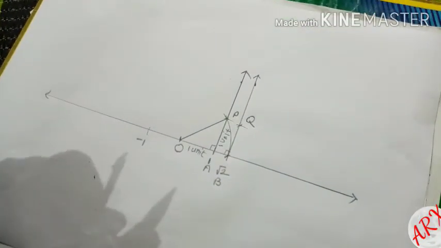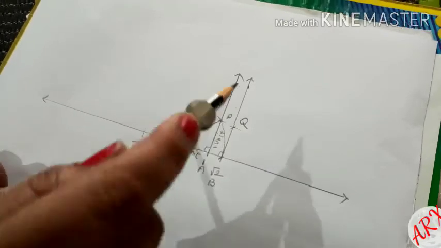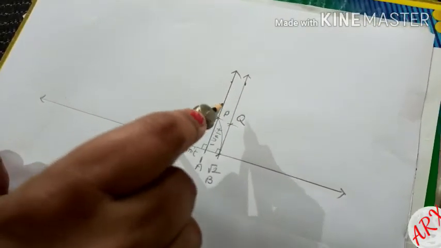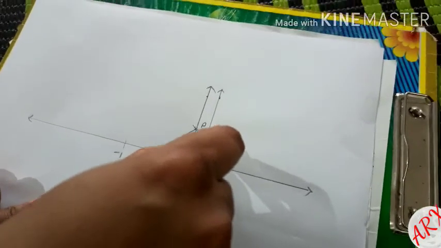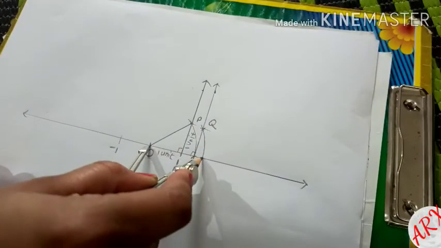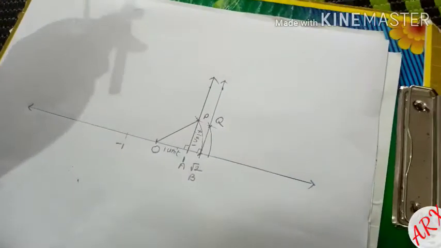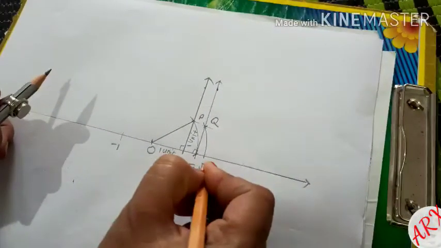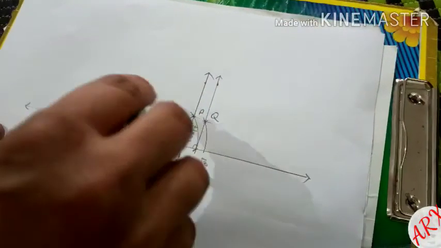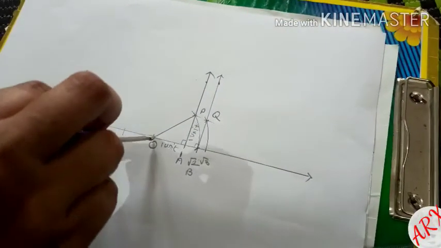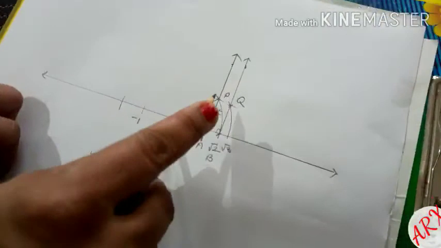Now I have to take OQ in the compass. And when I pull it towards the number line, this becomes root 3. The same distance OQ, if I pull towards the left hand side, it will become minus root 3.